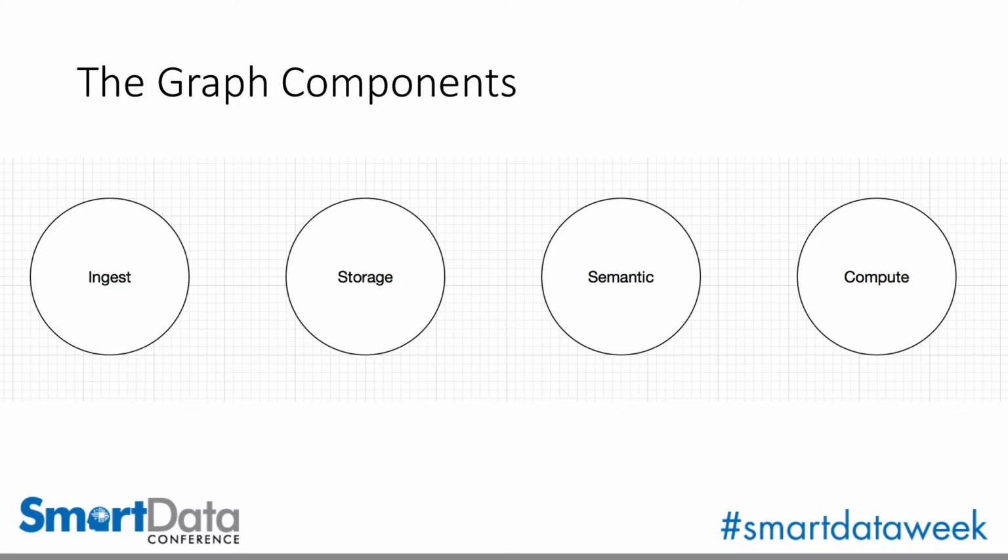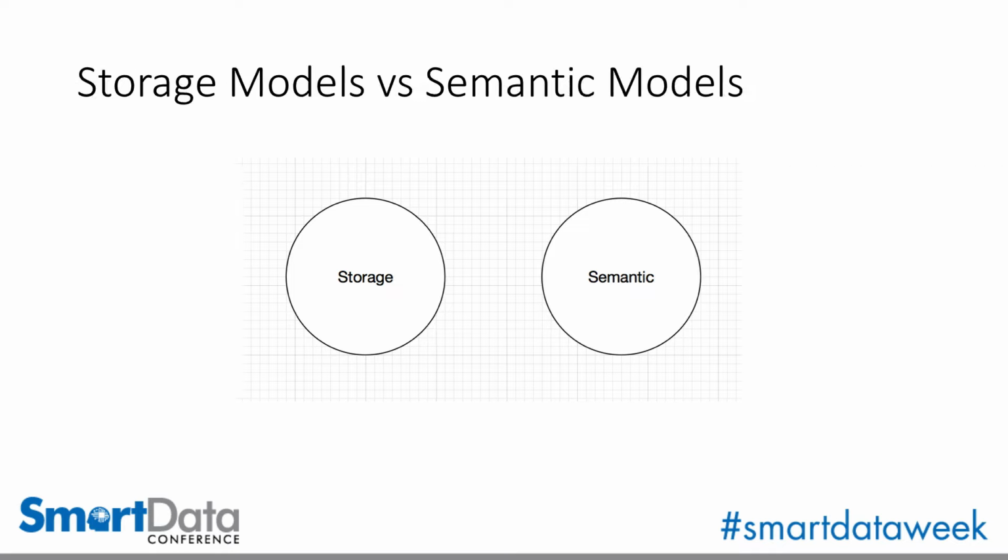And then compute is totally separate. It's Spark or something like that, typically in memory: how do you offload a bunch of analysis to do the processing of your connected data? We're going to hone in on storage and semantic because these are the two that I think are really key to tease apart, especially in making technical decisions around what our connected data architecture looks like.